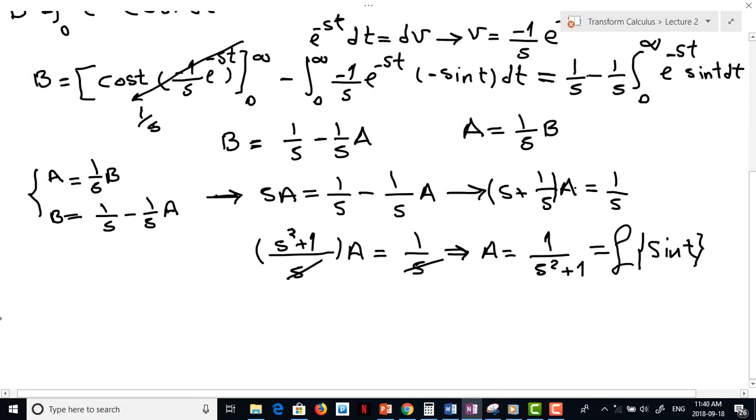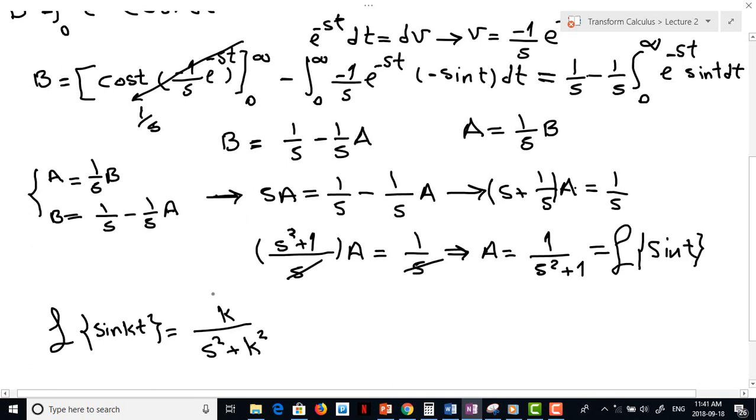So in general, we can say that Laplace transform of sine kt, k is a constant, 1, 2, 3, anything, is equal to k divided by s squared plus k squared. So for example, here we found Laplace transform of sine t, k was equal to 1.